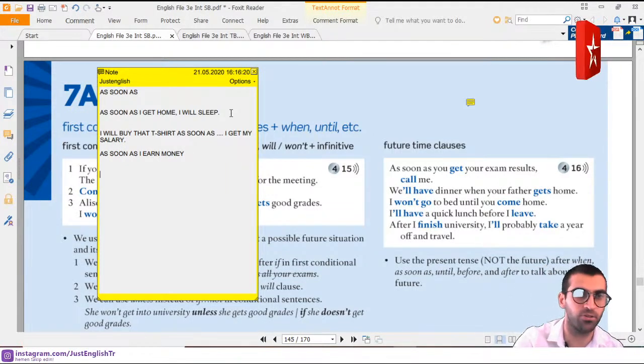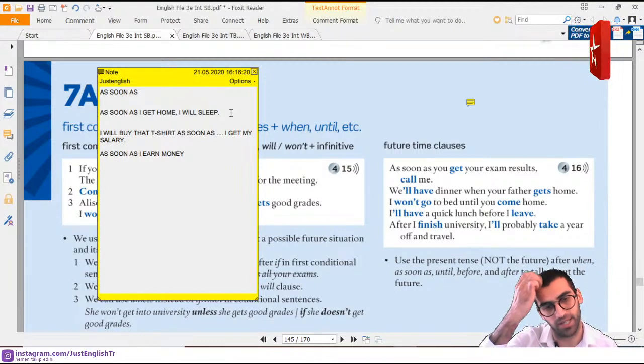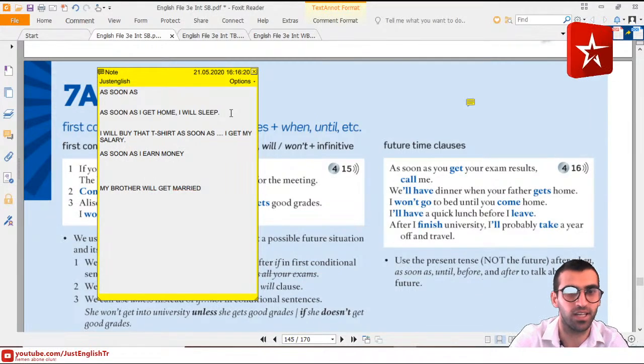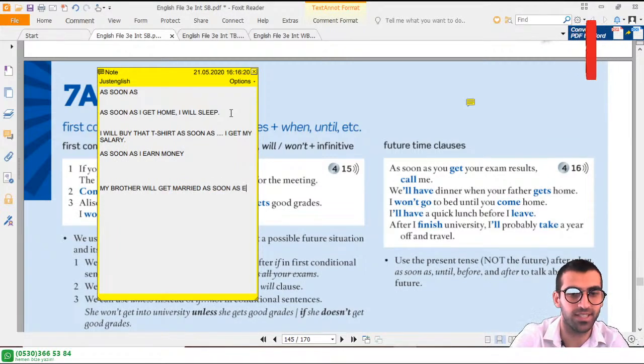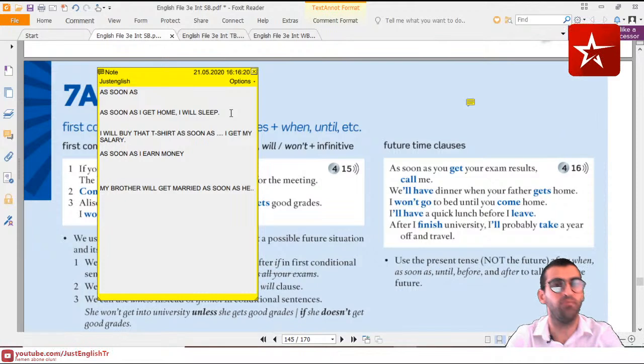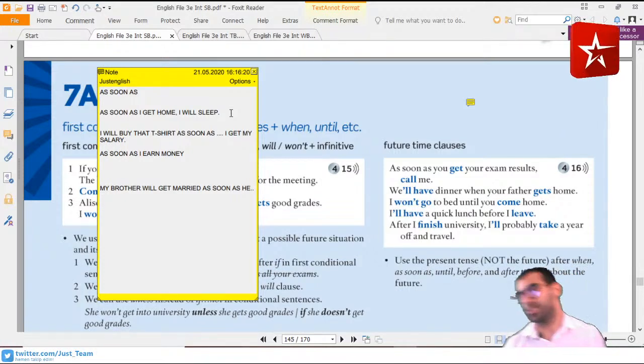Great. And let me write a different sentence. For example, my brother will get married as soon as he what? My brother will get married as soon as he.